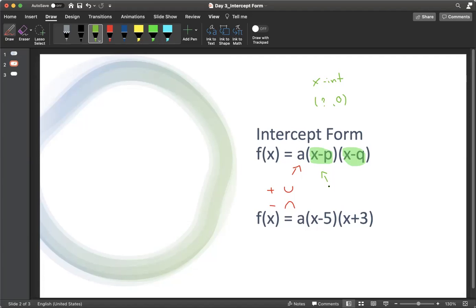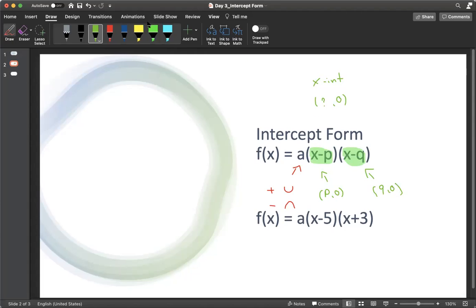When we have parentheses, something very special happens to the sign. We change the sign. So instead of a negative p, we are going to have a positive p, comma, 0. That is our first x-intercept. Over here, instead of a negative q, we're going to have a positive q, comma, 0. This is our second intercept.